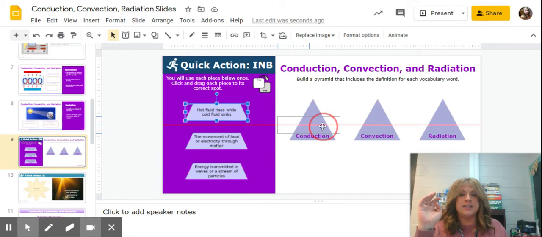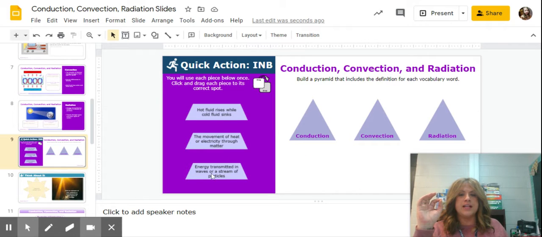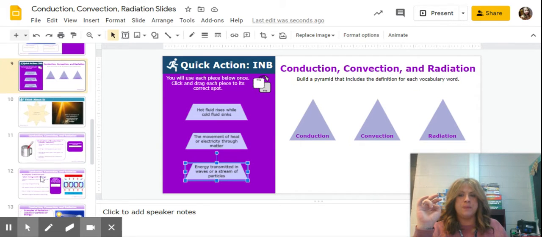You're going to say, is that conduction, convection, or radiation? The same thing with this one, the movement of heat or electricity through matter. And I'll click and drag it to conduction, convection, or radiation. Then last one, energy transmitted in waves or a stream of particles. You're going to move that to conduction, convection, or radiation.